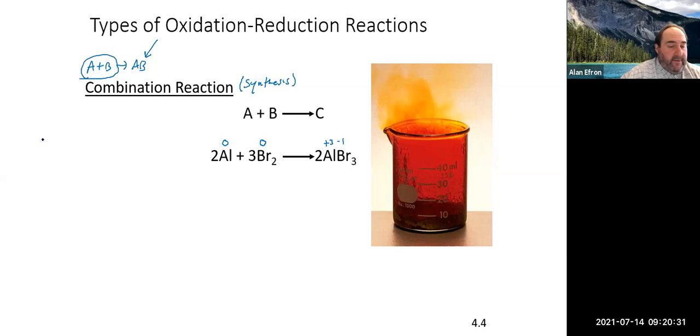So if we again do our little number line, we can determine, is this really a redox reaction? Well, aluminum is starting at 0 and ending at +3, which means it's becoming more positive and going through oxidation.